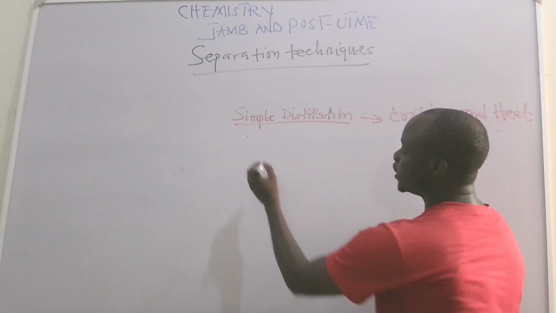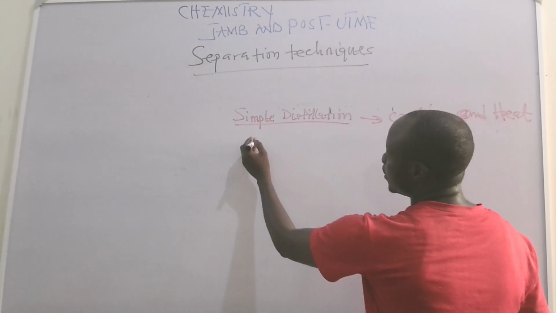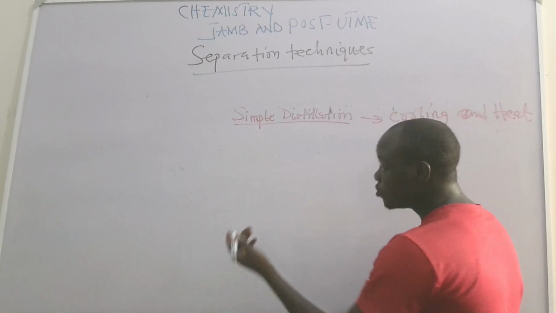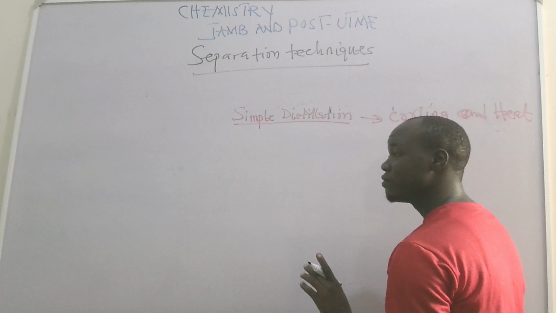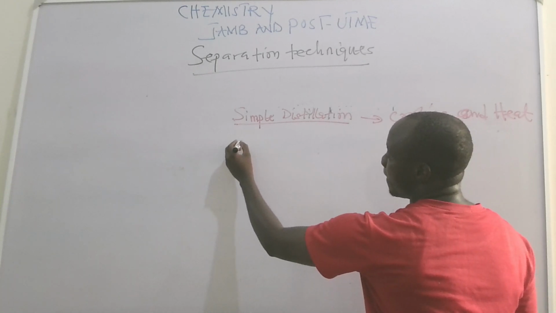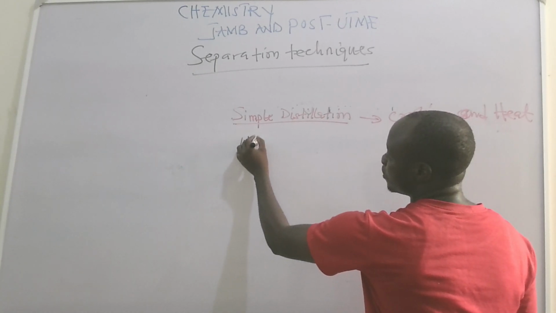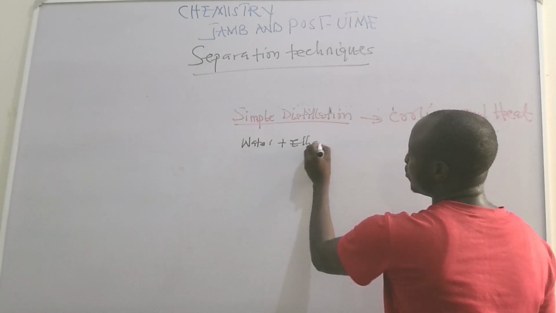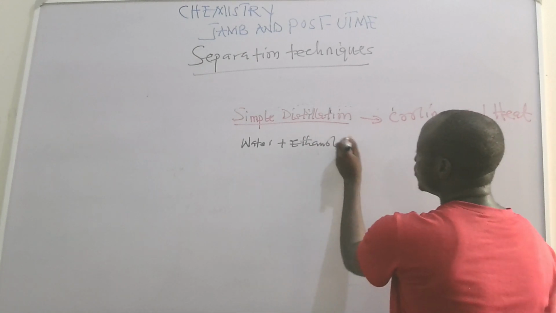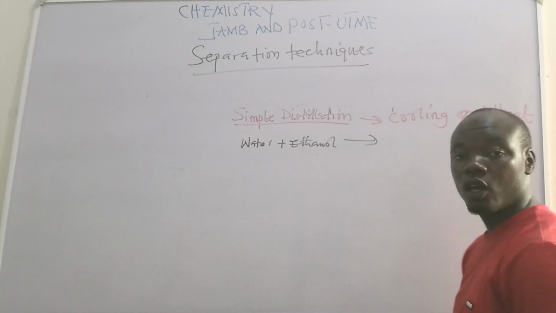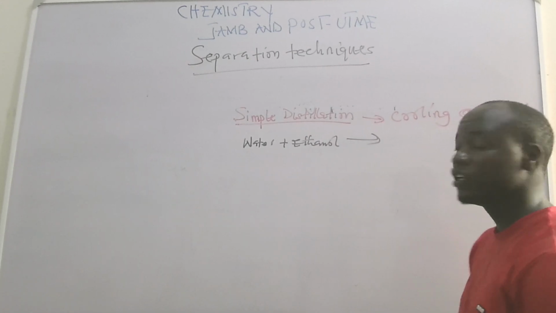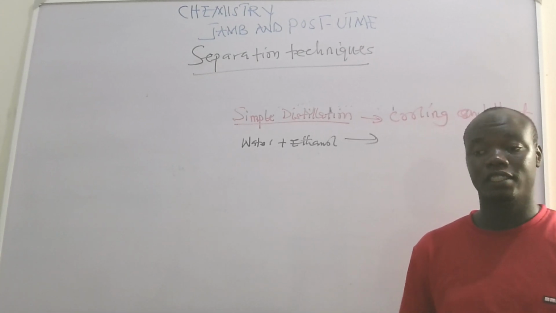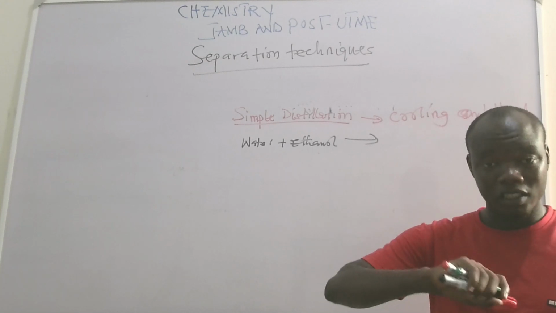So in simple distillation, you can separate miscible liquids, like when we have water plus ethanol. When you mix water and ethanol, they will give you a liquid whose components you cannot separate.